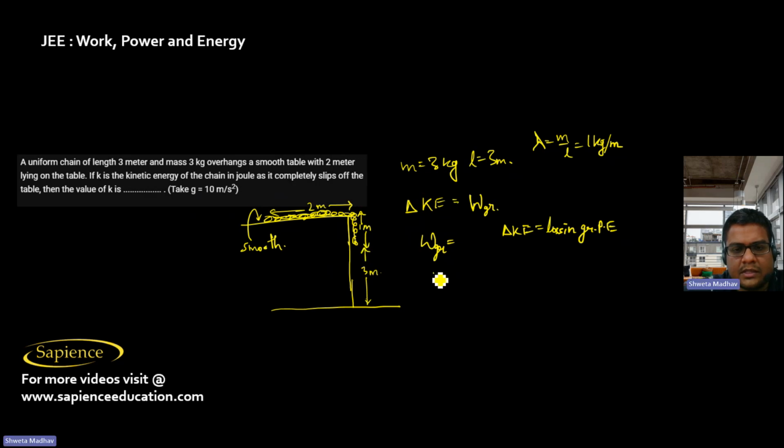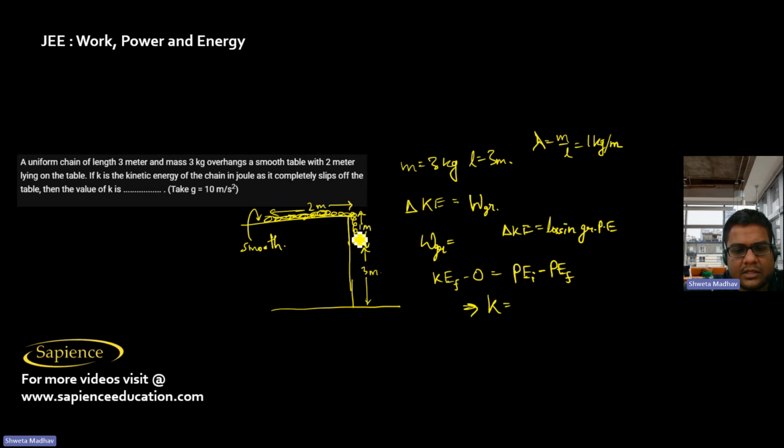So it means kinetic energy final minus kinetic energy initially, it was 0 only. It will be equal to loss in gravitational potential energy, which is initial potential energy minus final potential energy. Now kinetic energy is K, and that will be equal to initial potential energy.